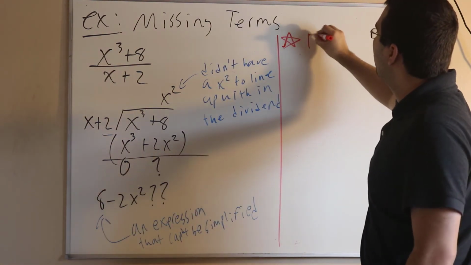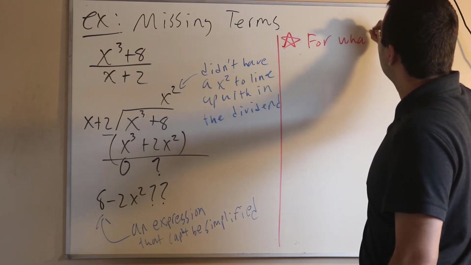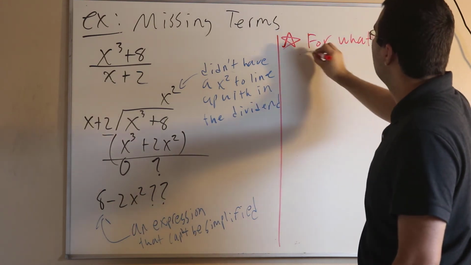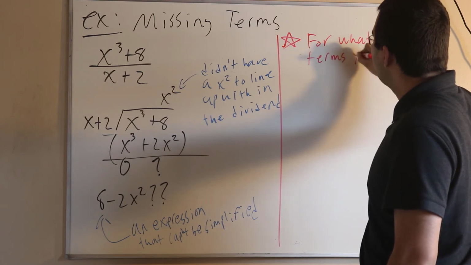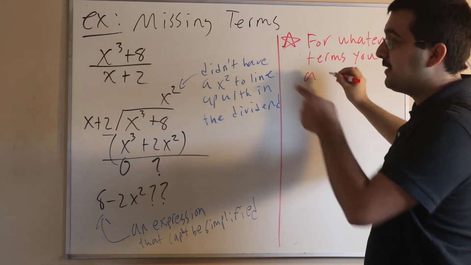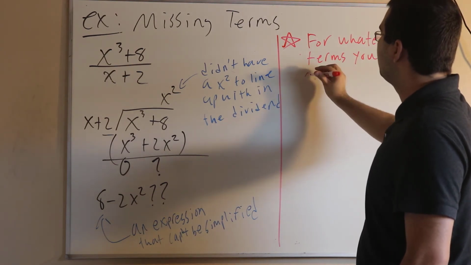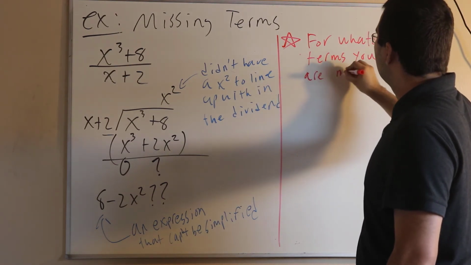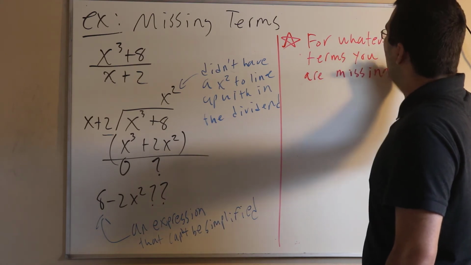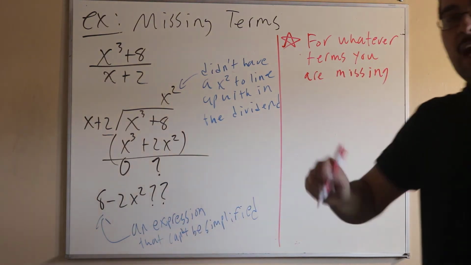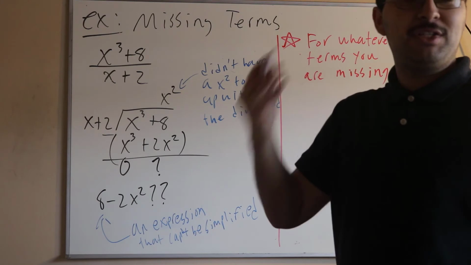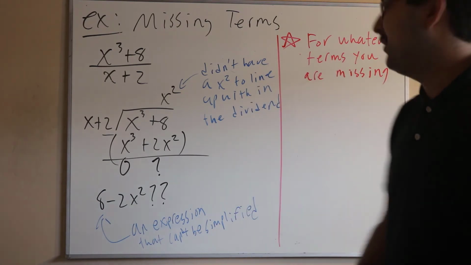So, for whatever terms you are missing. So for us, it's an x squared and an x. So for whatever terms you are missing, what you do is you add in the missing term with a 0 coefficient.